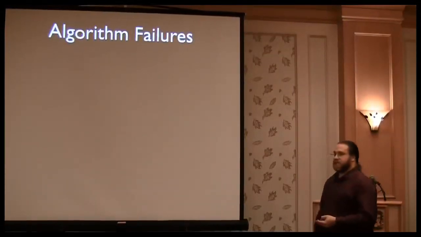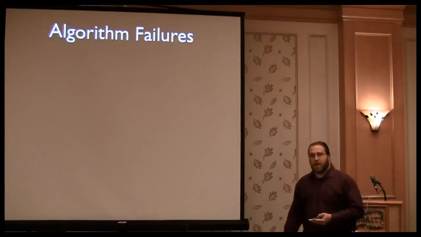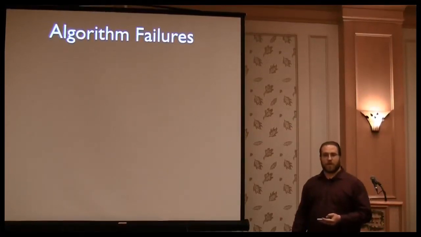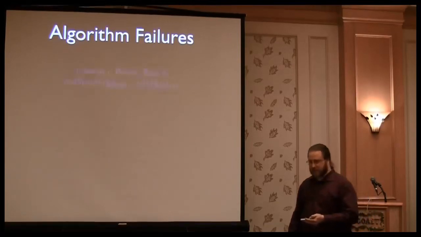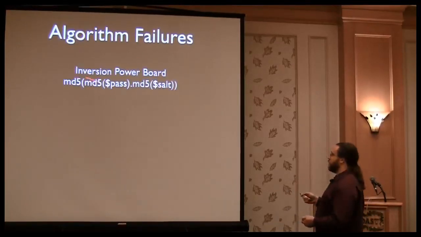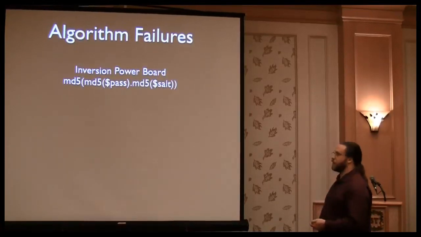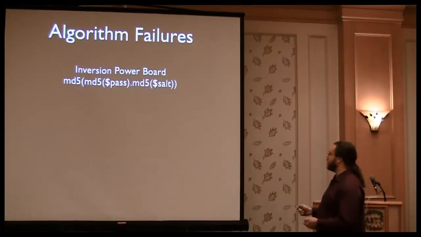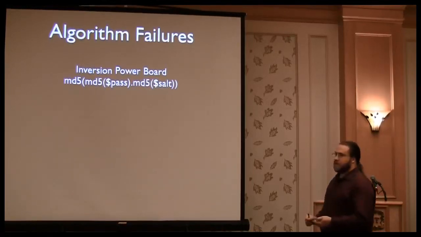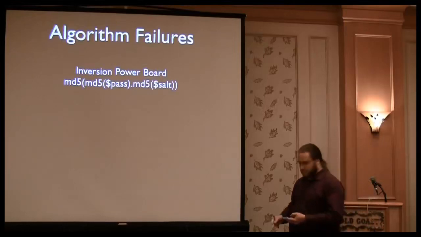So there's two algorithms that I'd like to point out that are, as probably won't surprise you, web-based algorithms that really kind of do it wrong. The first one is IPB, which Adam did talk about earlier. And this is, you take the MD5 of the password, you concatenate the MD5 of the salt, and you take the MD5 of the entire thing.